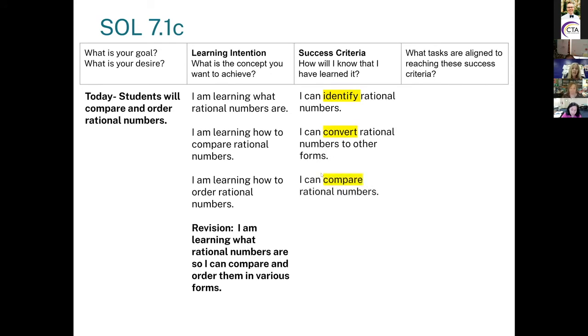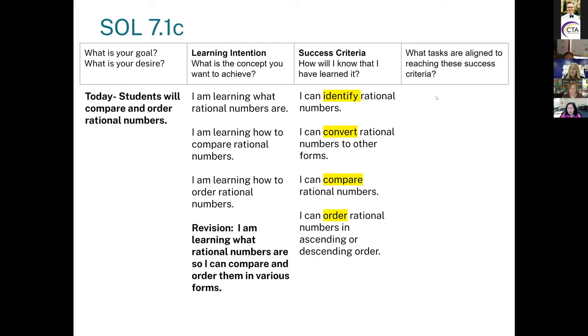We want to be able to compare our rational numbers. Looking in the framework for 7.1, I see it specifically states order rational numbers either in ascending or descending order. So there's that vocabulary that some of you mentioned from your activity, and how critical it is to include.